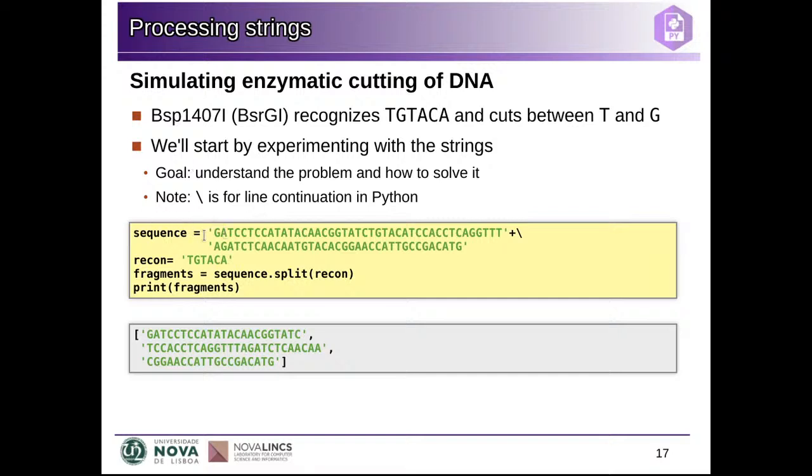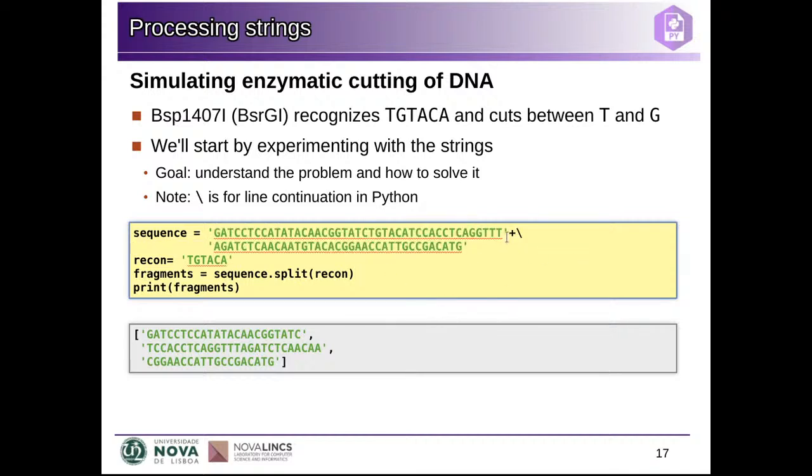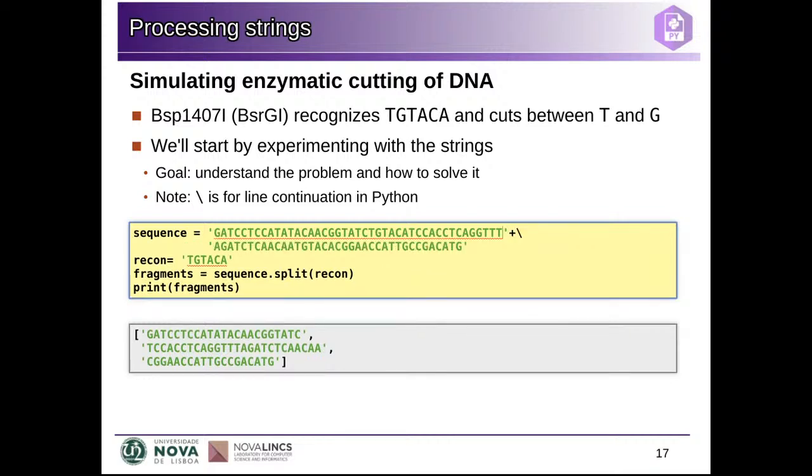We'll start by having this string with the DNA. Note that this is just one string, so I could write it like this, but it wouldn't fit the slide, so I put it this way. And this is a trick that you can use if you want to break down very long lines, which is to use this backslash that tells Python that the next line is to be interpreted as the continuation of this same line.